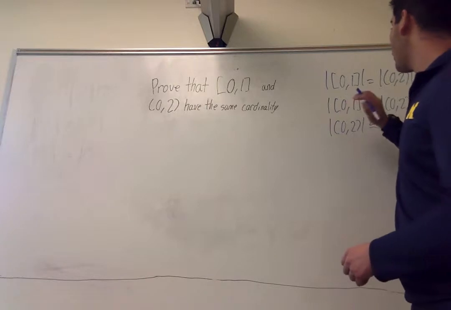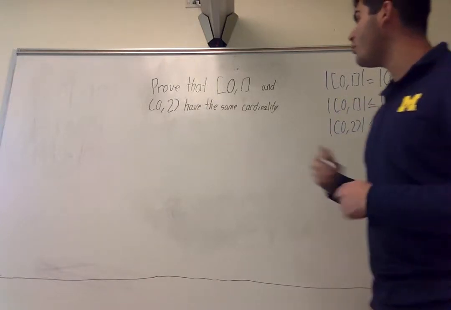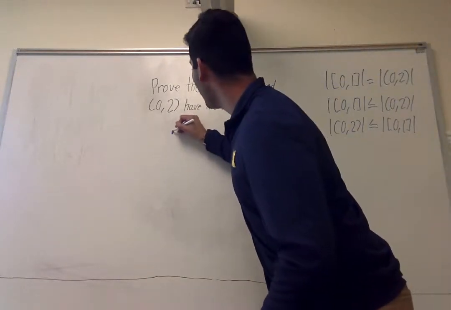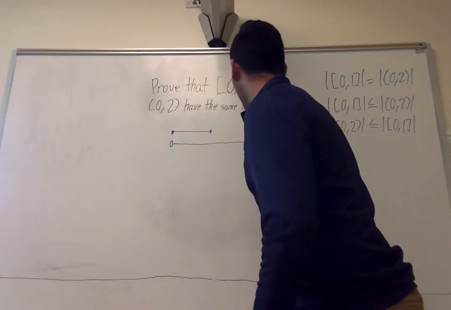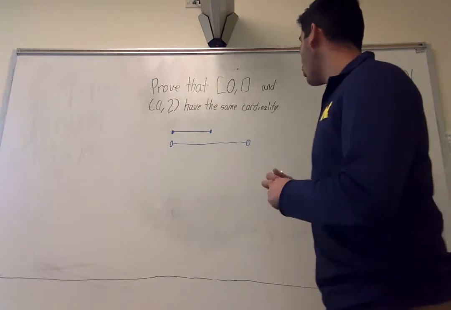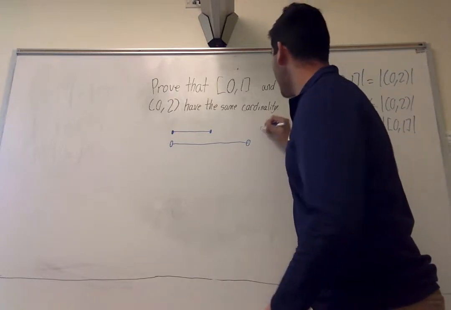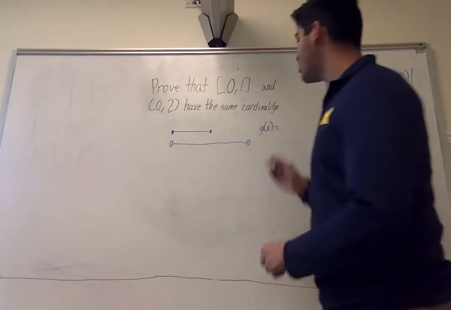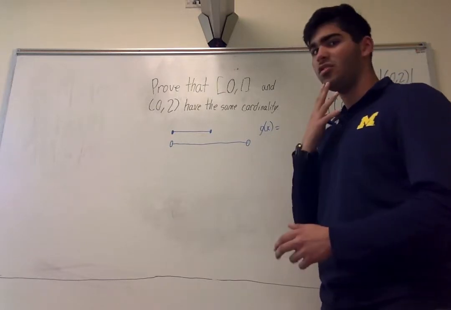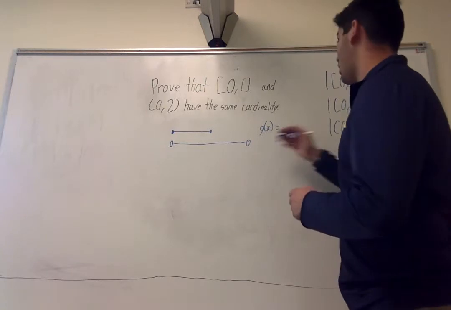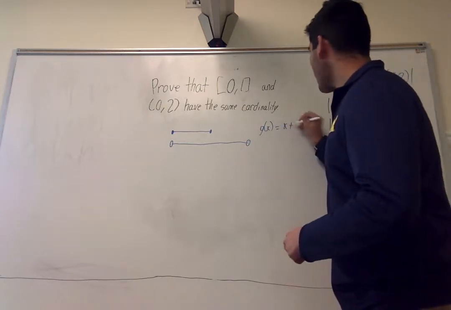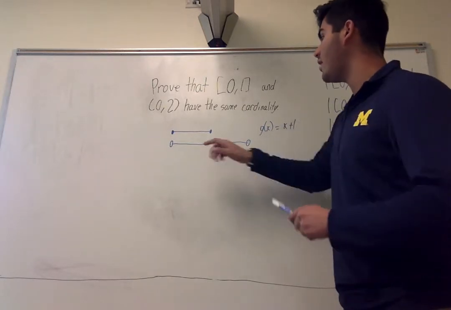Let's start with from A to B. So if we want to go from 0 to 1 to 0 to 2, we need to find a function g of x. My first thought is, why don't we just add 1 to x?